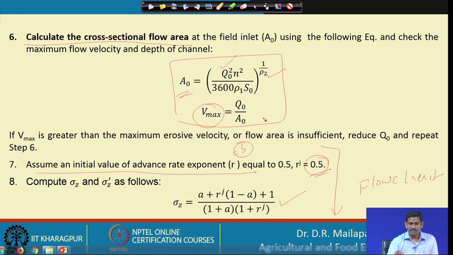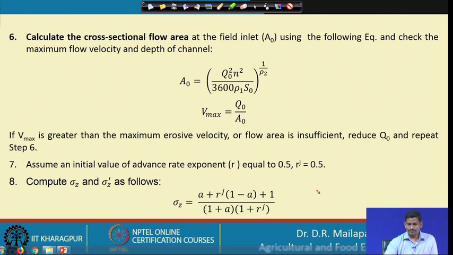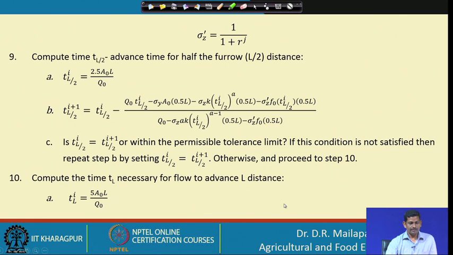So, the whole procedure from now on follows the flow chart. You can go through and compute the necessary flow advance distance L. Everything follows the flow chart explained in the first slide.